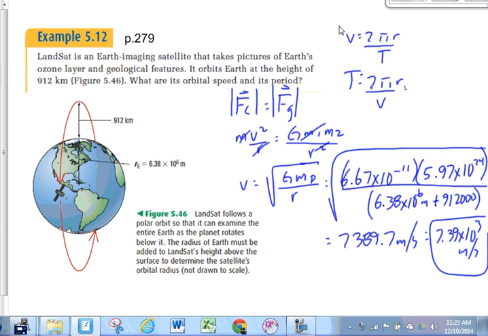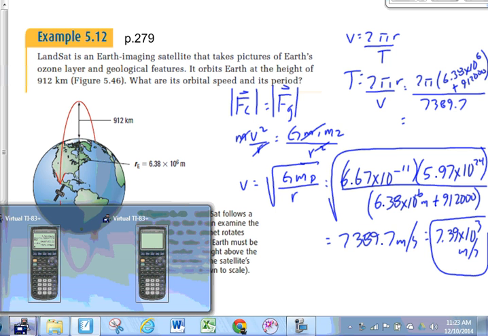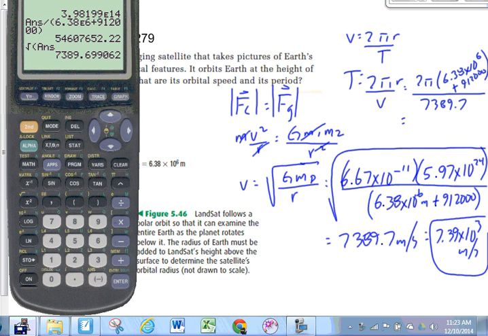2 times pi times r, which is, once again, we got to use that 6.38 times 10 to the 6, plus 912,000, divided by the speed, which we just got, 7389.7. What are the units going to be for that answer, by the way? Period's going to be measured in seconds, right?